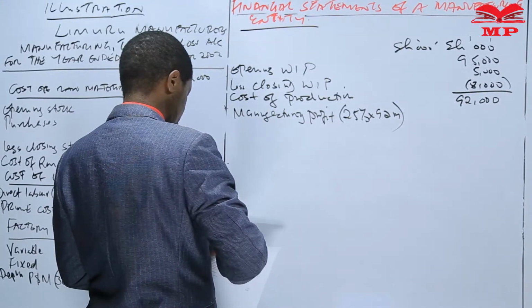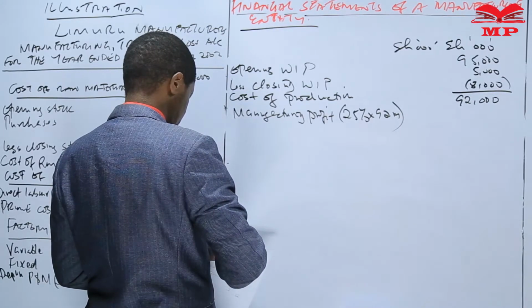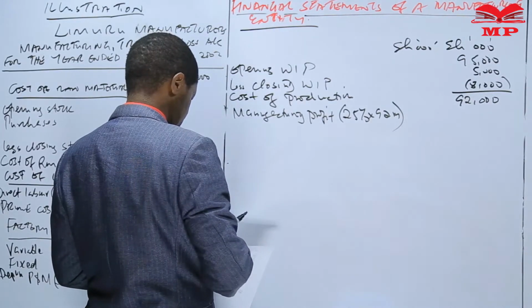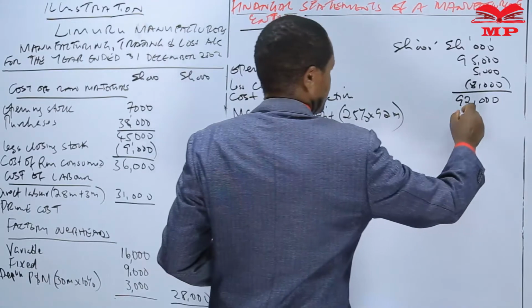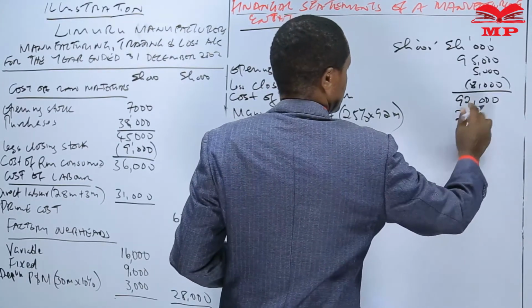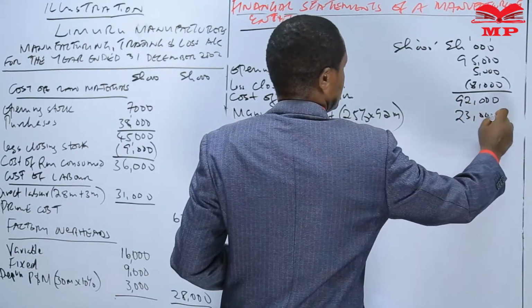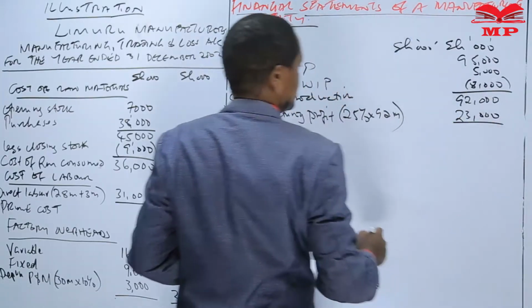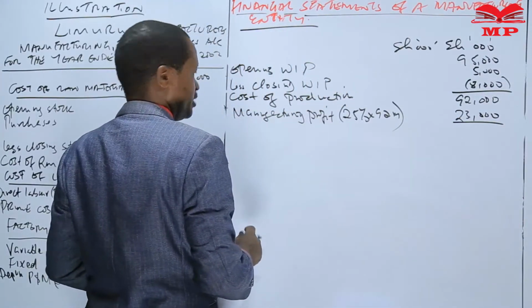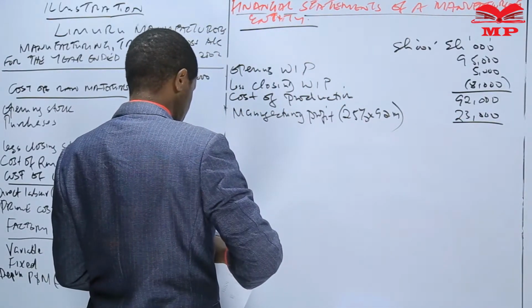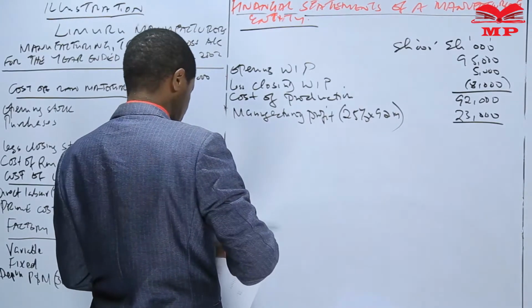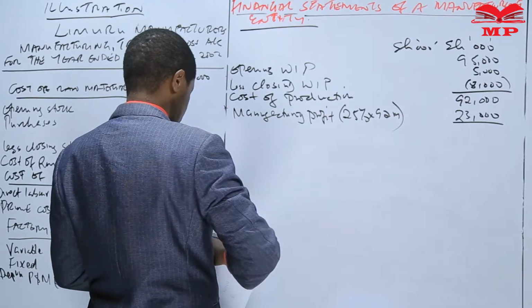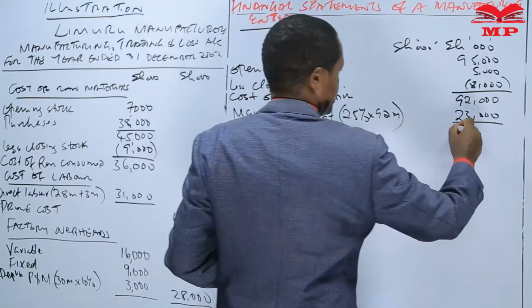This is 92 million times 25%. So the manufacturing profit is equal to 23 million. 23 million plus 92 million is equal to 115.